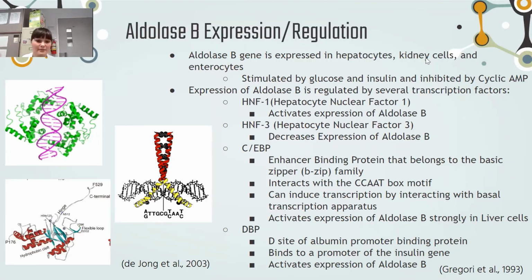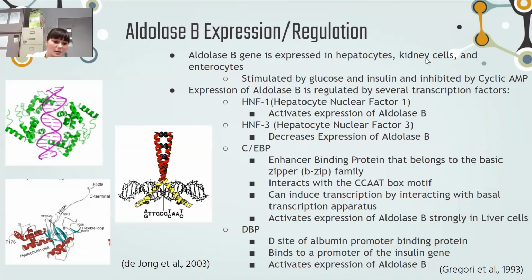And it does that by interacting with the basal transcription apparatus. And then finally, we have DBP, which is D-site of albumin promoter binding protein. And that's going to bind to a promoter and activate the expression of aldolase B as well.